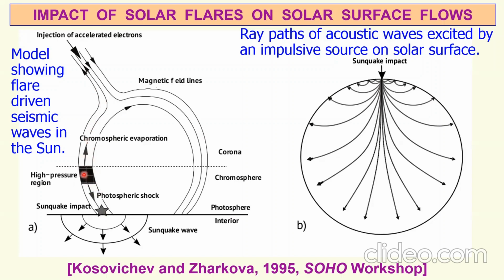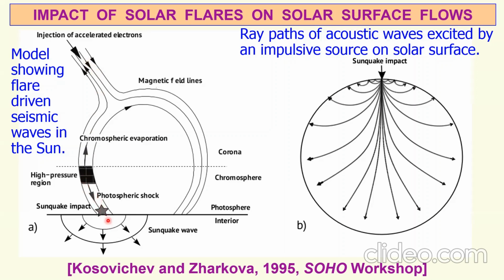And then some of the energetic particles also move towards the photosphere and can give a photospheric shock. So either the downward settlement of the evaporated plasma can give a photospheric shock, or the energetic particles which are coming from the reconnection site and moving along the magnetic field lines can also penetrate into the solar photosphere, giving a photospheric shock.